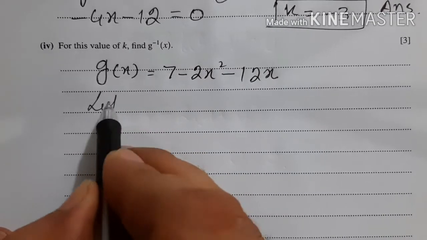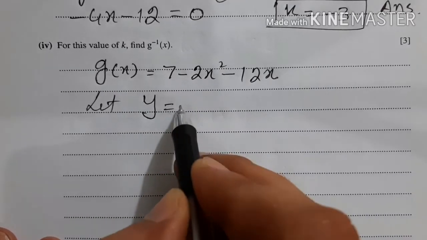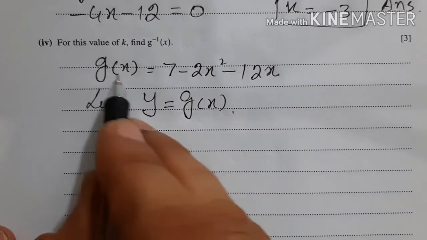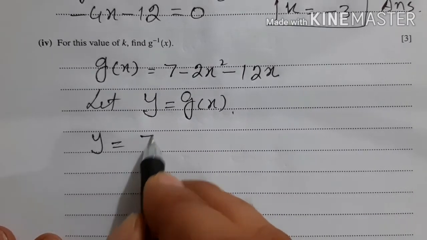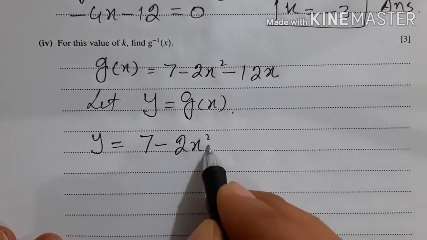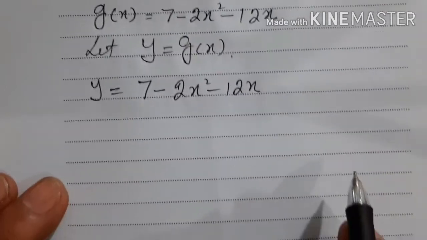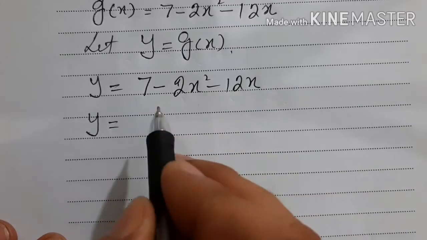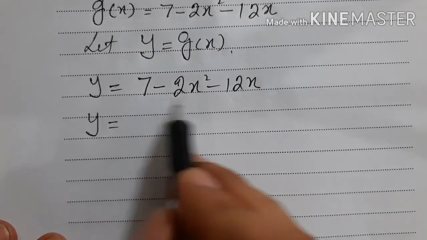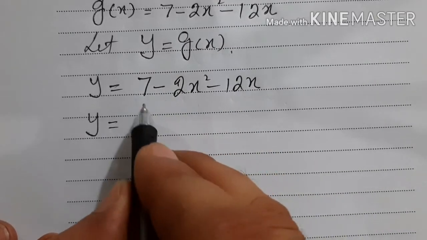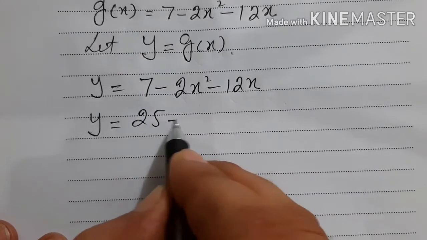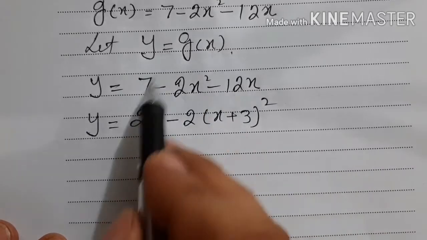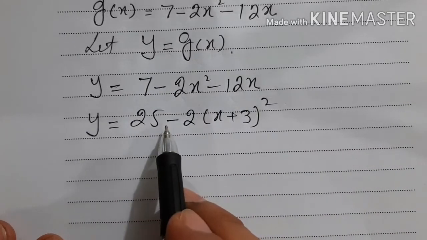So let y be equal to g(x). Then y is equal to 7 minus 2x square minus 12x. From part 1, by solving it with the completing square method, I got 25 minus 2 into x plus 3 whole square. So this term can be written in this form.